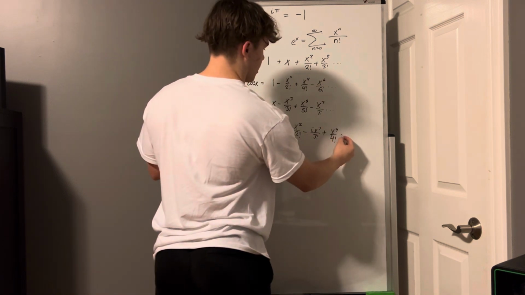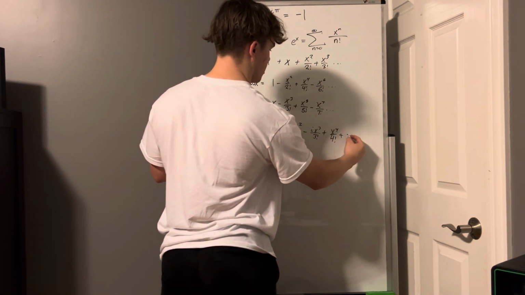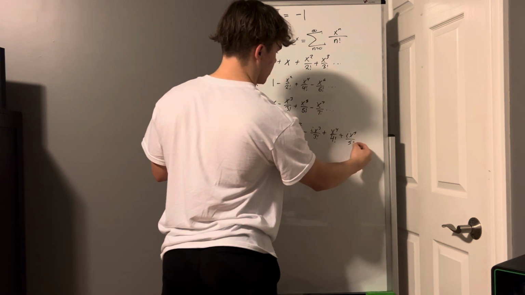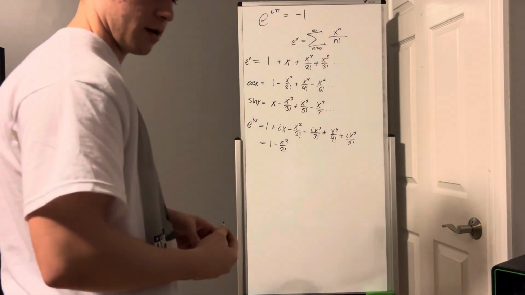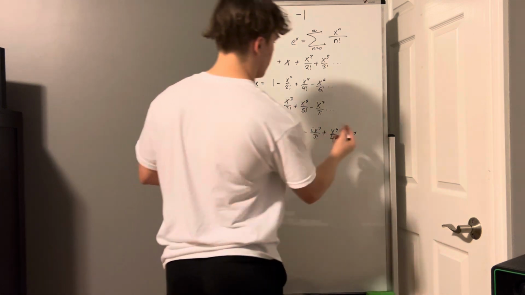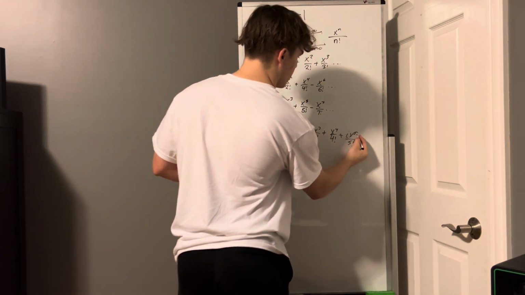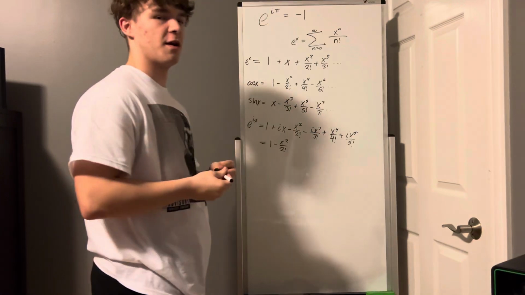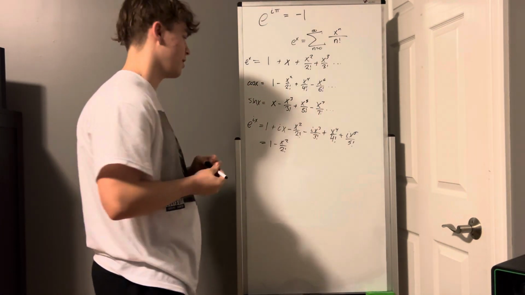And then I think we're going to have a plus i x to the 5 over 5 factorial, I believe. Yes. I haven't done this in a while now. And if we had me sat here thinking about this, we'd be here all day. I think this video is already running pretty late.